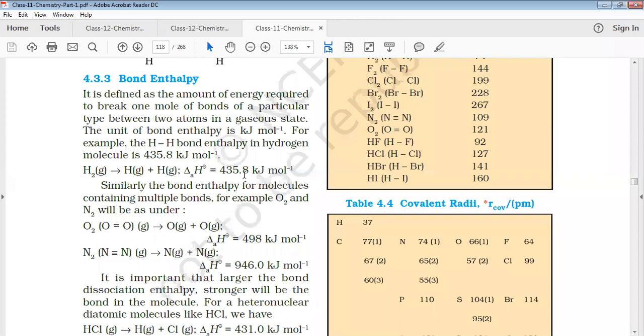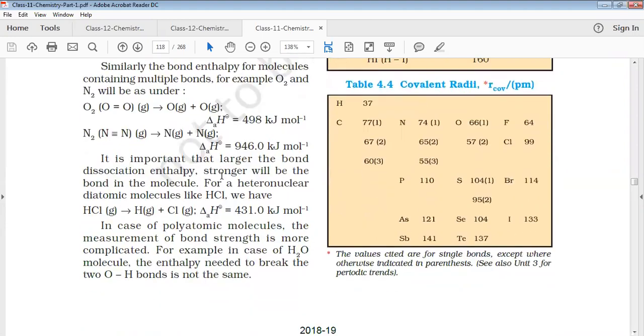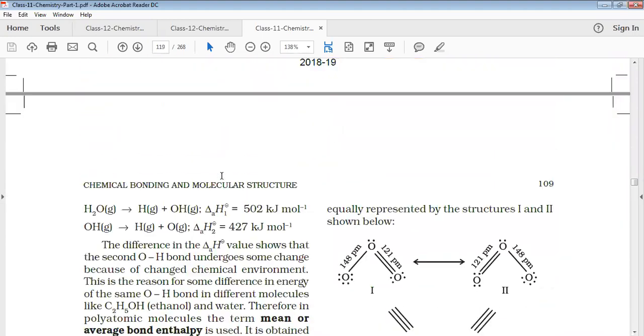This is called bond enthalpy. How much energy came out. The energy may be in terms of heat or electricity, whatever. How much energy it gives will be calculated in the potentiometer. That is called bond enthalpy.